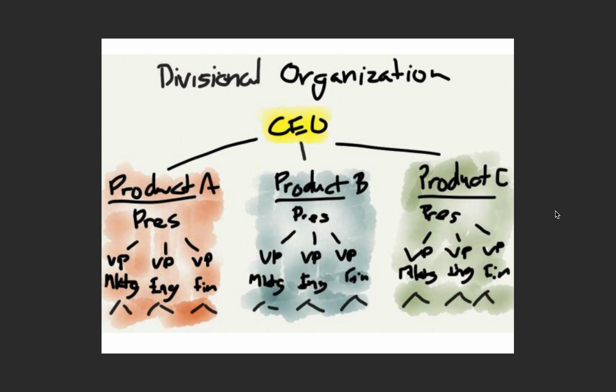In this case there is a president, and then a vice president of marketing, a vice president of finance, and all of that, and then there are the employees who are in charge of that. It's all dependent on one product. They're all focused on this one product.